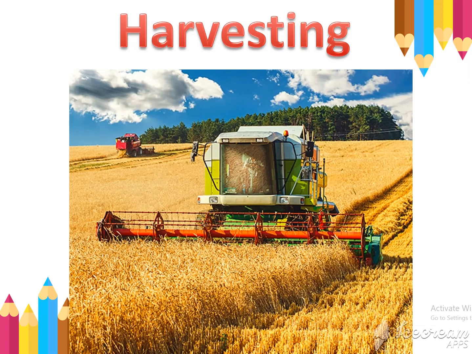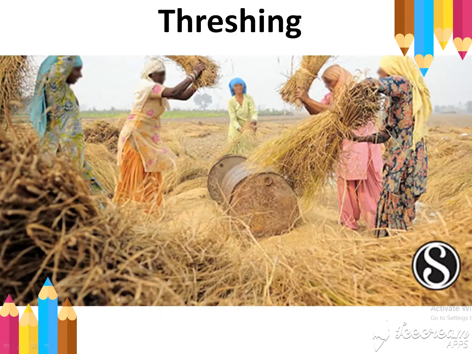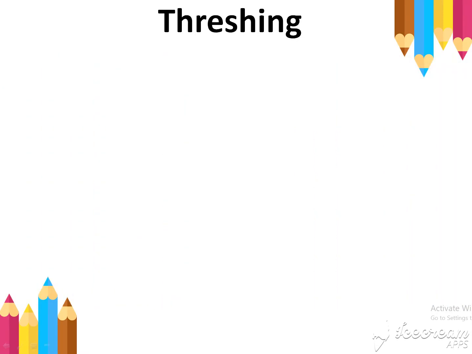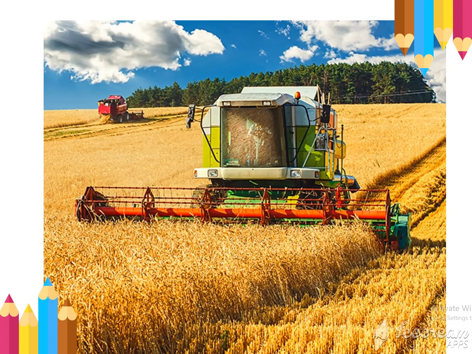After harvesting, the grains are separated from the plants by threshing and winnowing. First one, threshing. Threshing is done manually or with the help of the machine called thresher.